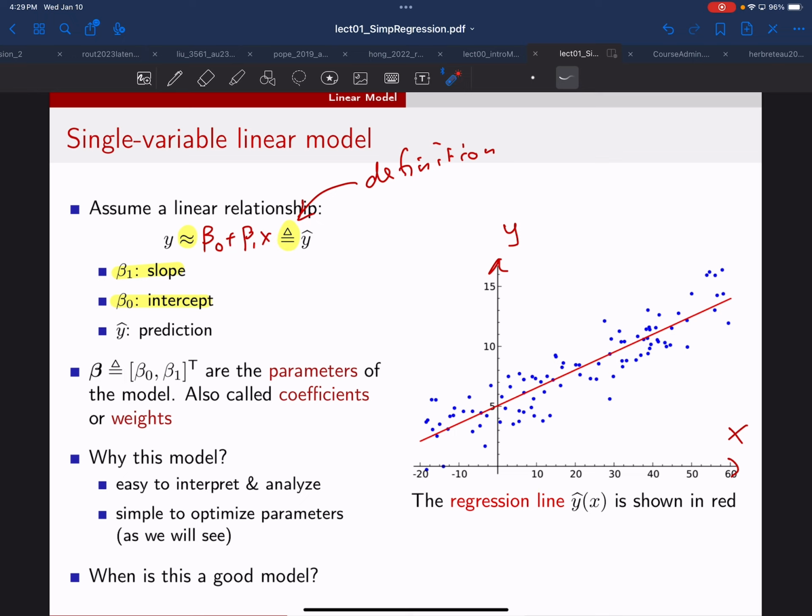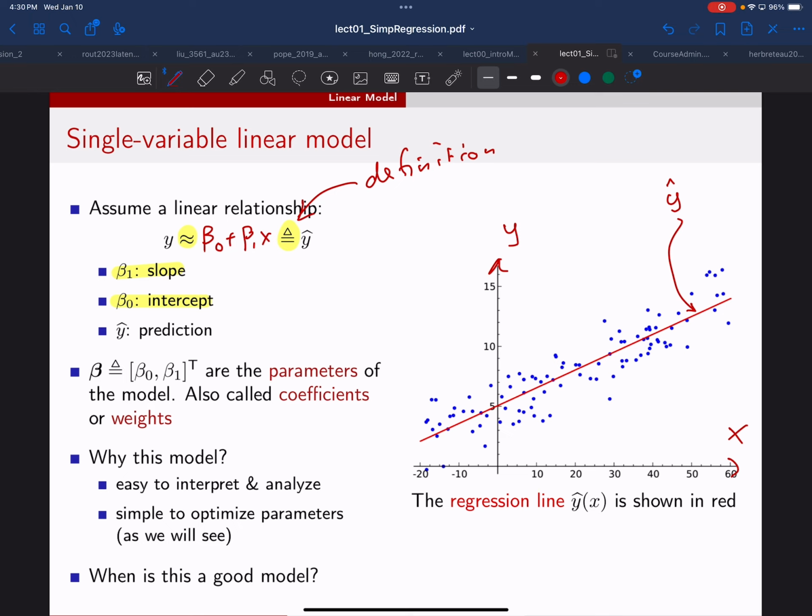When we write a definition, we're just giving something a name. Okay, so that's the difference. So we have here an approximation, and here we have a definition. And so basically, y hat is this thing, y hat is going to be some function of x, and that is going to be the red line. Okay, everybody with me so far?